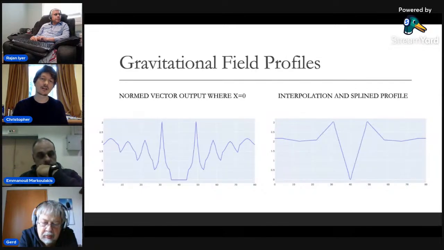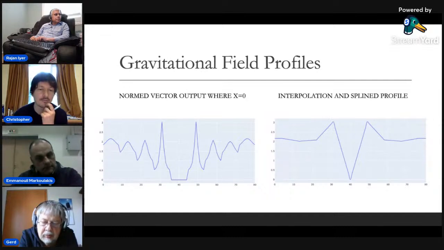Then I took profiles of the vectors that we saw previously, and the problem with this is that it's not a tensor kind of function that deals with every point in space. So we have these bumps that represent the vectors. So we interpolate that, and we see gravity increases towards the surface and then decreases linearly towards the center.